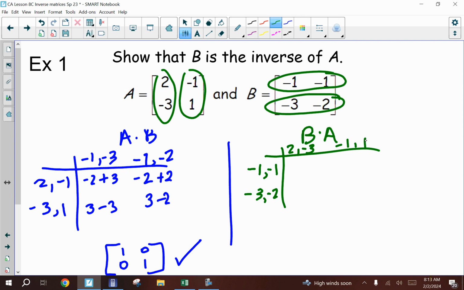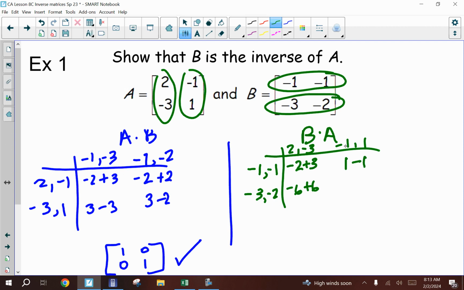So we do our multiplying. -1 times 2 is -2, and then -1 times -3 is +3. And then we do -3 times 2 is -6, and then -2 times -3, that's a +6. Then we do -1 times -1 is +1, and then -1 times +1 is -1.